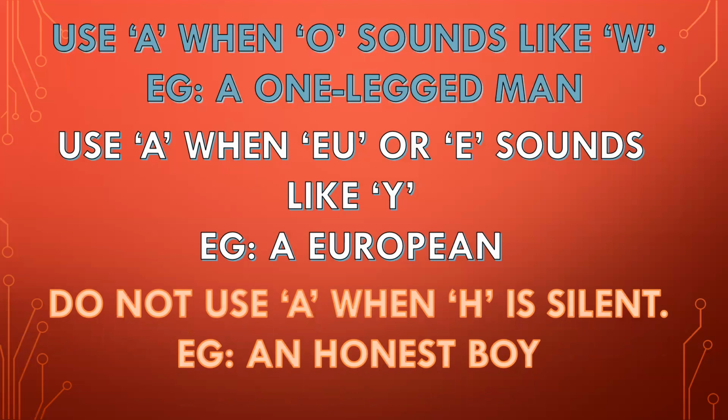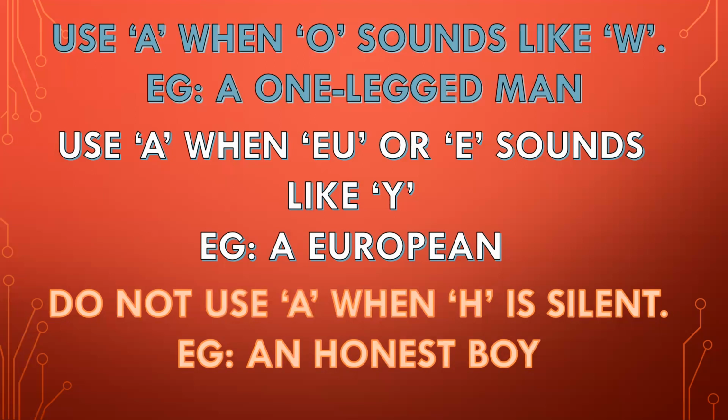So aw is a vowel sound. Because it is a vowel sound, you have to use an honest boy. Similarly, there's another word, hour, H-O-U-R. And yet, when you say it, it is our, an ah sound, which is a vowel sound.